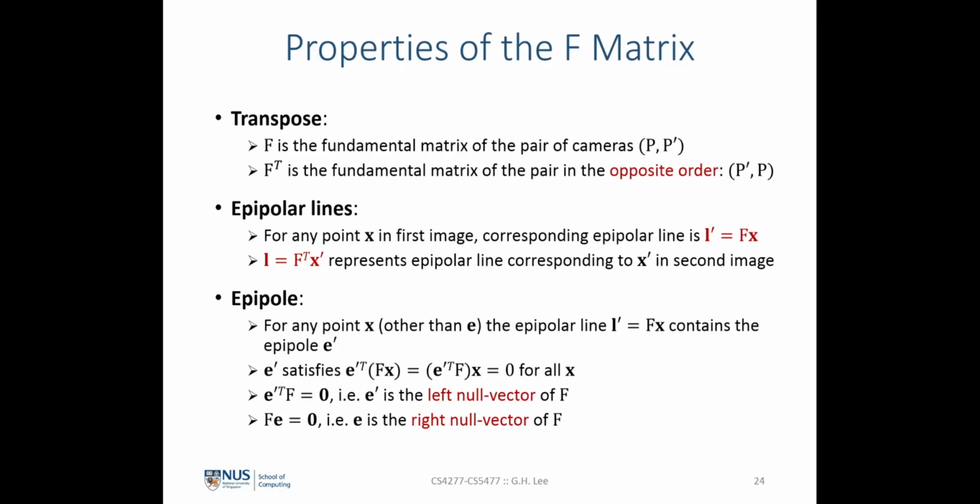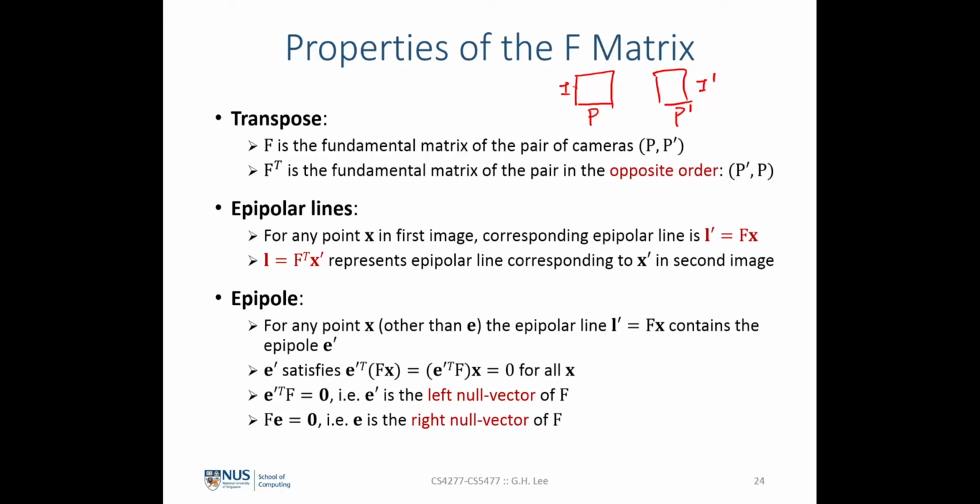We saw that the fundamental matrix can be expressed in terms of the two camera matrices P and P prime in this particular order. What's interesting is that if we swap the order of P and P prime, this simply means that now we define the first image to be I and the second image as I prime, which means that the camera matrix of the first image must be P and the second image must be P prime.